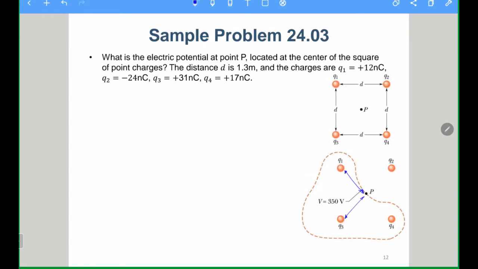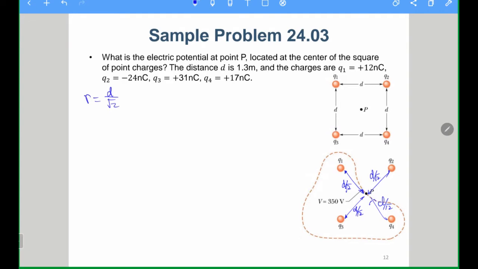This is a square, and this is the center point of this square. So according to the Pythagorean theorem, we can quickly find that the distances from point P to Q1, Q2, Q3, Q4 are all d over square root of 2. So we can just come up with r to be d over square root of 2.